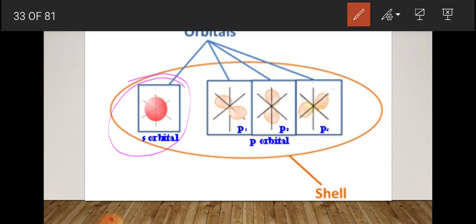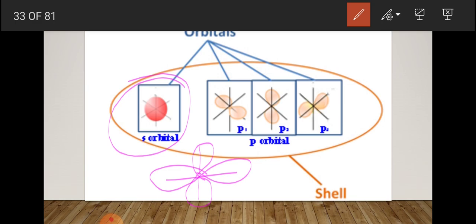When we move on to the d orbital, we will find that it is a double dumbbell shape. And the f orbital shape is very complicated, that you don't have to study. The shapes of the orbitals we will study in the next lecture. Today I am discussing only orbital, subshell or shells and quantum numbers. The next topic will be the shapes of orbitals.